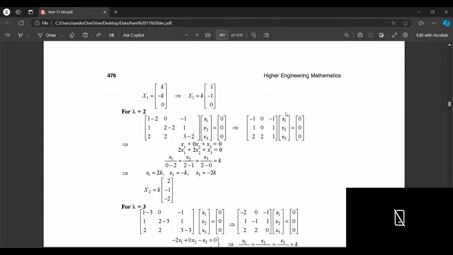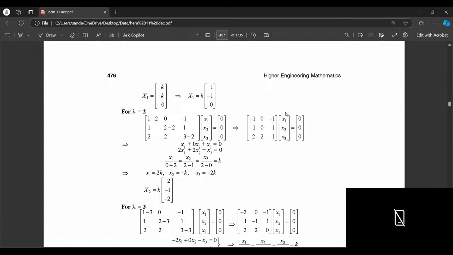Here you will get two different equations. The first two equations are the same, but the last two equations are different.